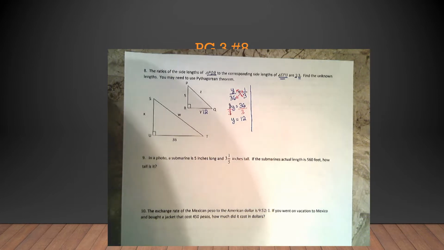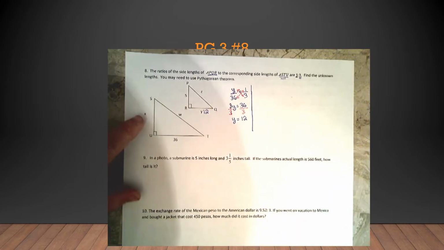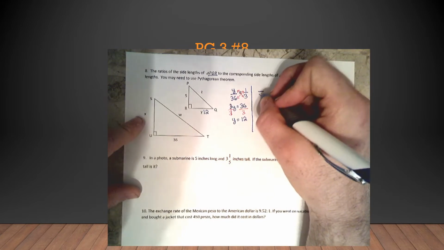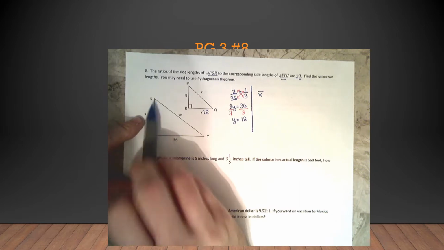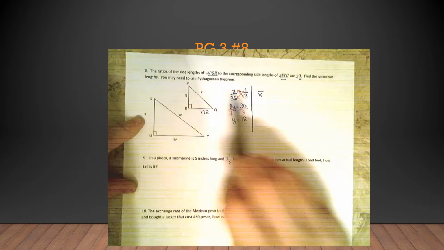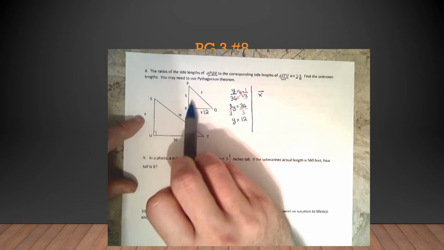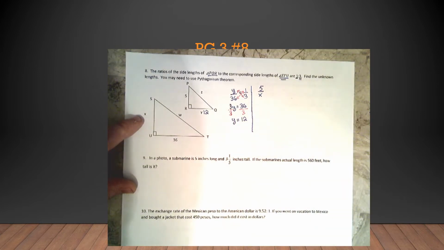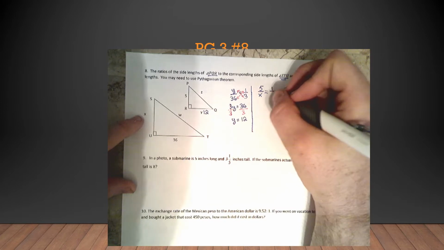The next one, why don't we go ahead and find X now? X is from our big triangle, so that's going to be in our denominator. We have to find out what SU goes with, though. SU goes with PR. So PR is 5, and it's supposed to go to a ratio of 1 to 3.